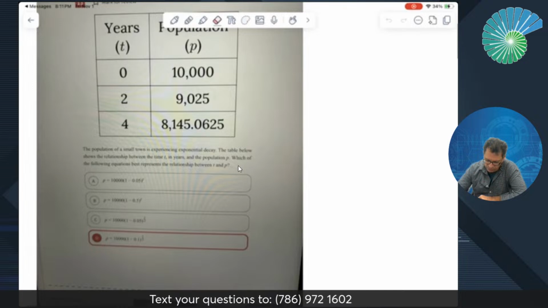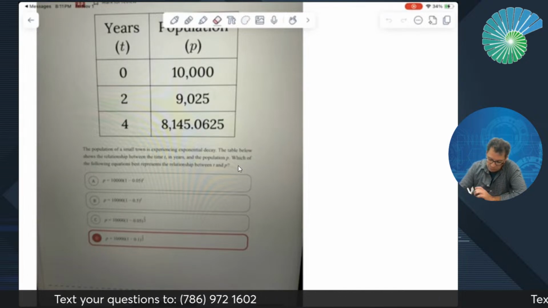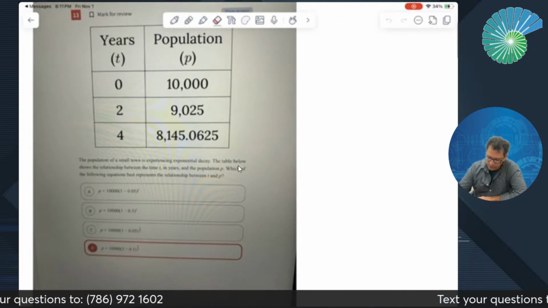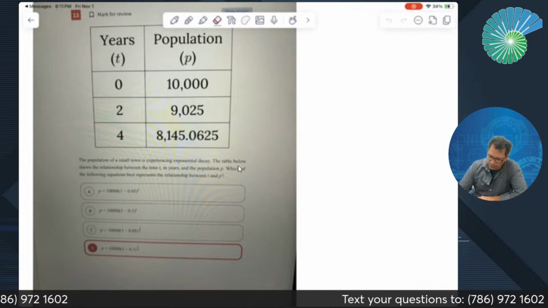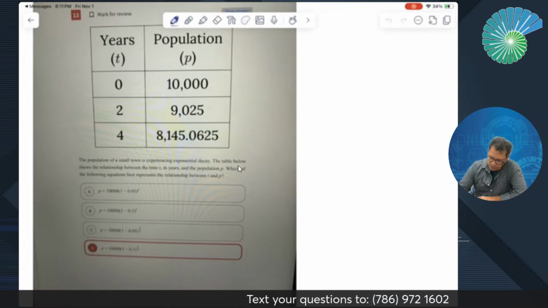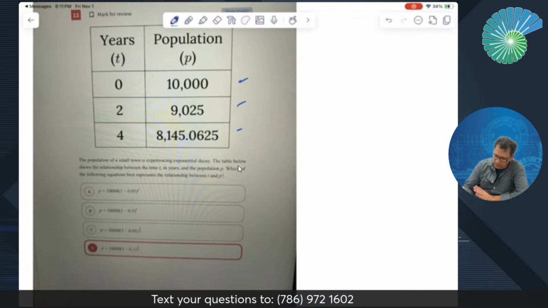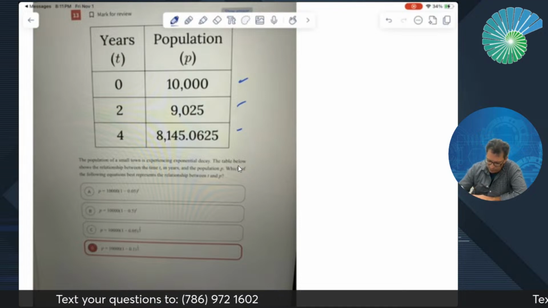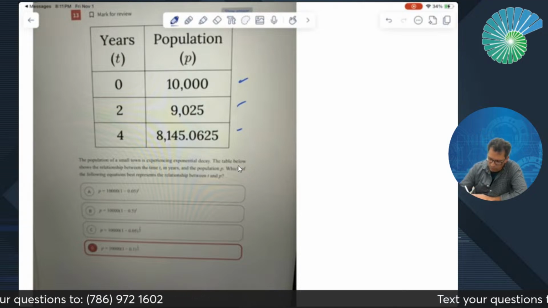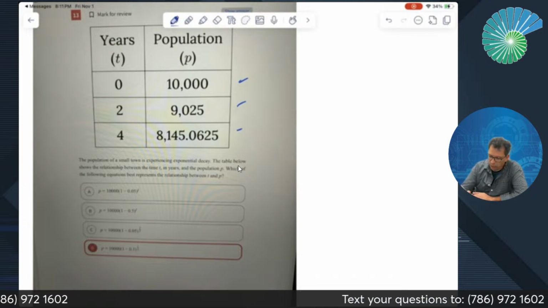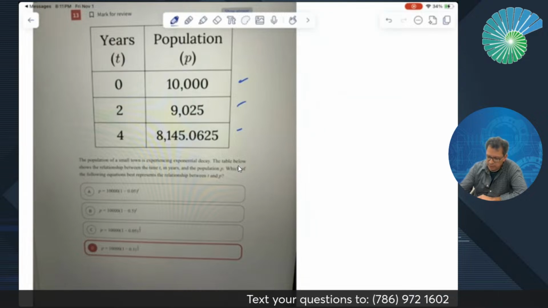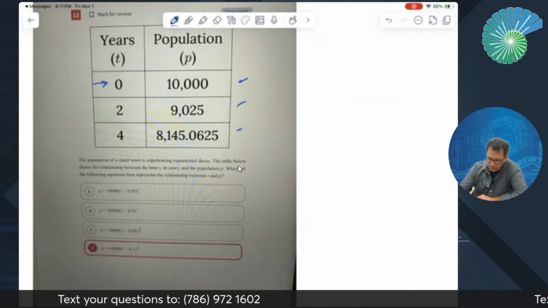Okay, so first of all, we can do this several ways. We realize that these are really points. The correct answer will work with all 3 points, meaning that if you plug in a 0, you get 10,000.